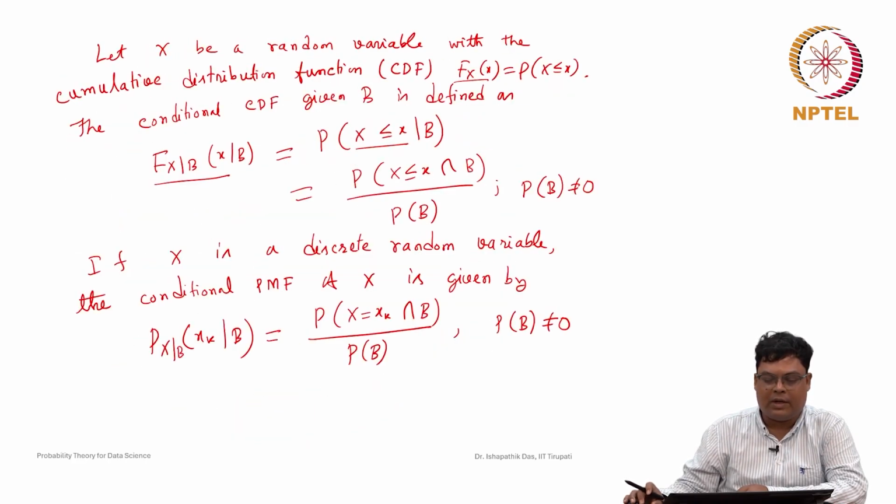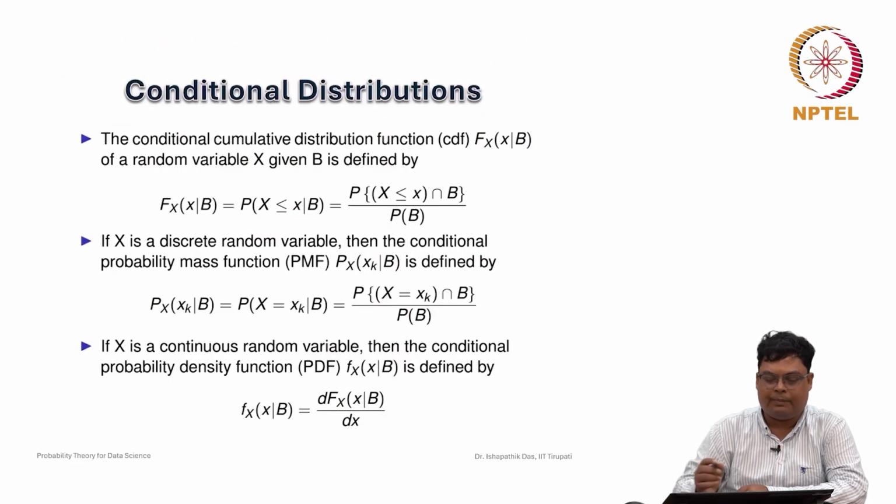So, recall what the conditional probability mass function is for a given random variable.